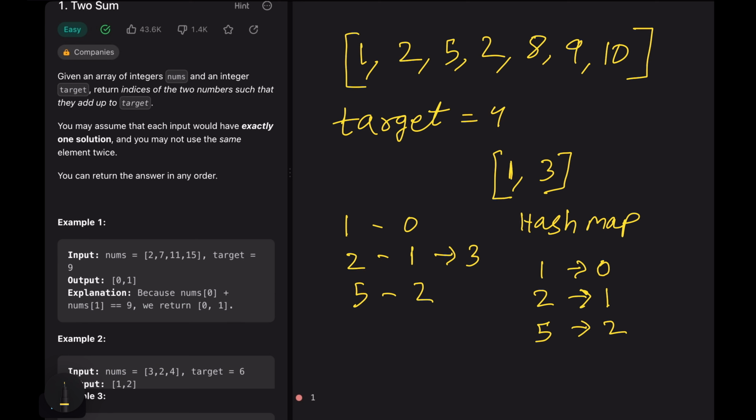So which means we already have 2 which we're traversing currently, and there is one more 2 present in the hash map. So there we can return the current index, which is 3, comma the index which we got from the hash map, which is 1. We can return the solution in any order as it is mentioned right here.